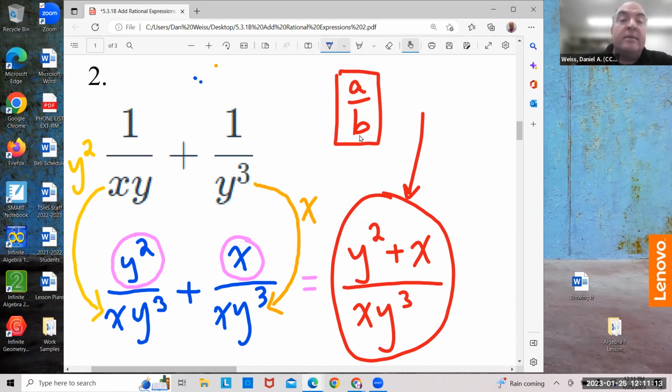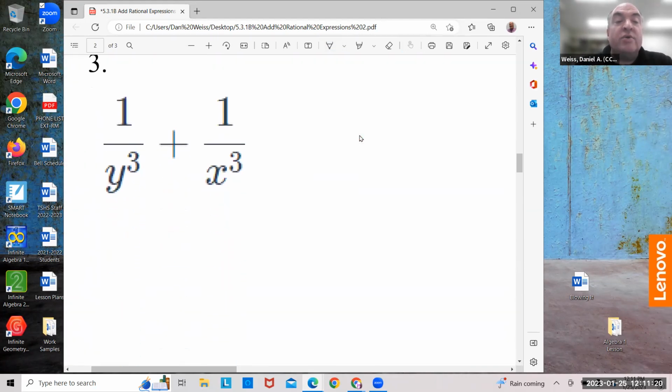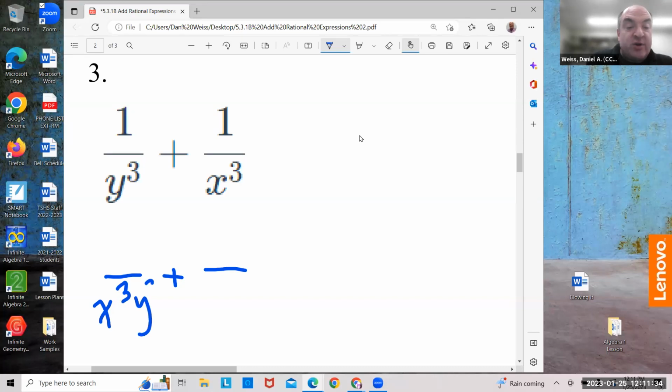All right. Let's take a look at another one. Here, what is the common denominator? Does it make sense that your common denominator is going to be x to the third, y to the third?